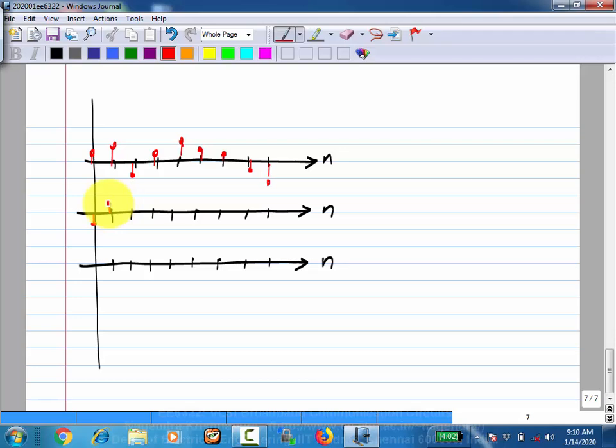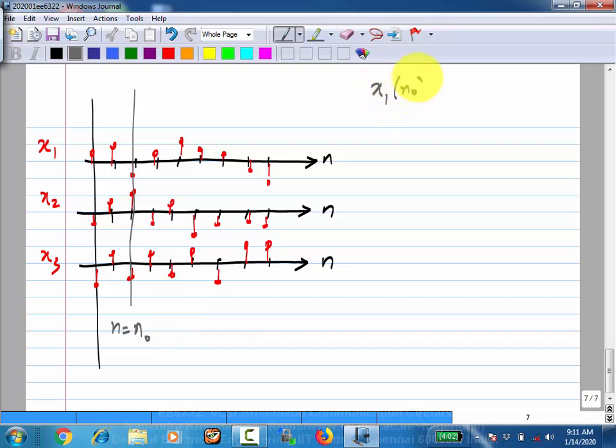The examples can be anything, right? Something like this. This is, let's say, x1, x2, x3 and so on. And this makes no difference as far as what we were saying earlier is concerned. So you take some n equals n naught, and then you look at x1 of n naught, x2 of n naught, all these values, xn of n naught, and you can plot their histogram.